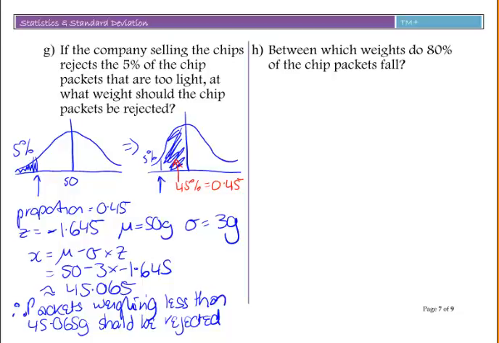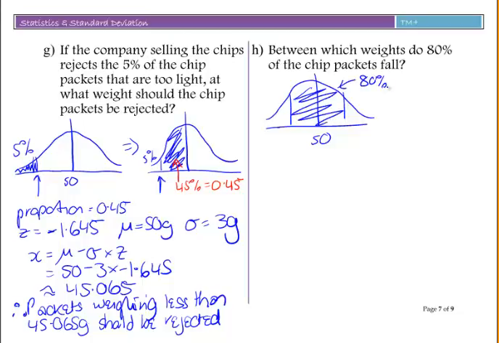Next, between which weights do 80% of the chip packets fall? So if we think of our curve, 50 is in the middle, so that's my 80%. Again my mean is 50 grams, my standard deviation's 3 grams.